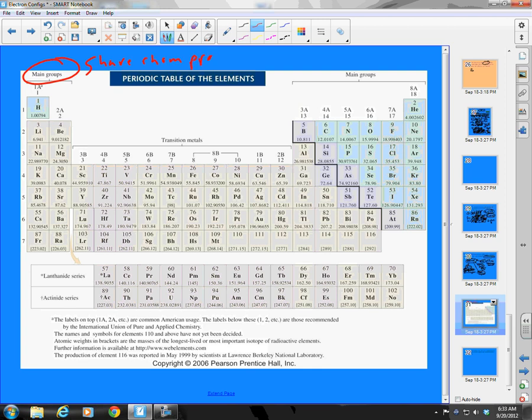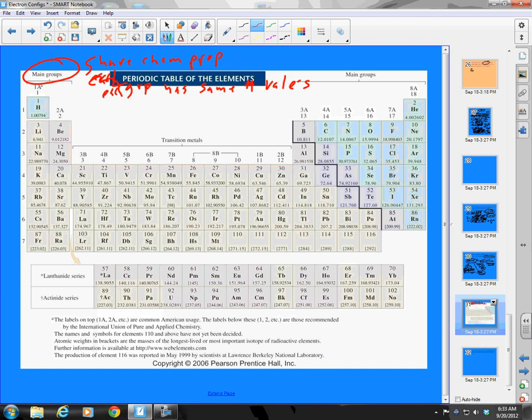And the reason they share chemical properties is because, for the most part, each group has the same number of valence electrons. Now, when you get to the D and F block, you'll find that that's not quite true, that they vary a little more, but for the main group elements, that's true.